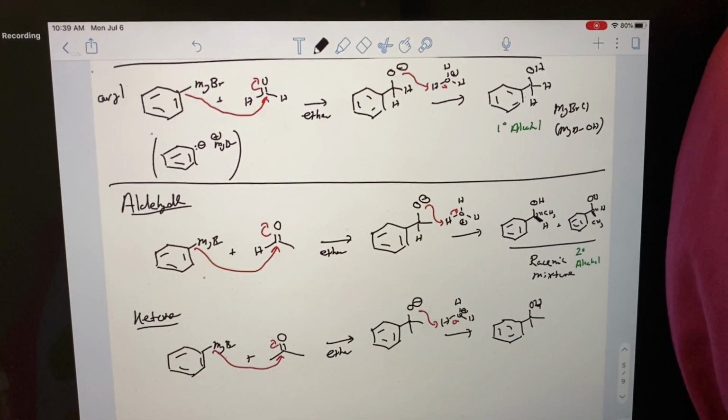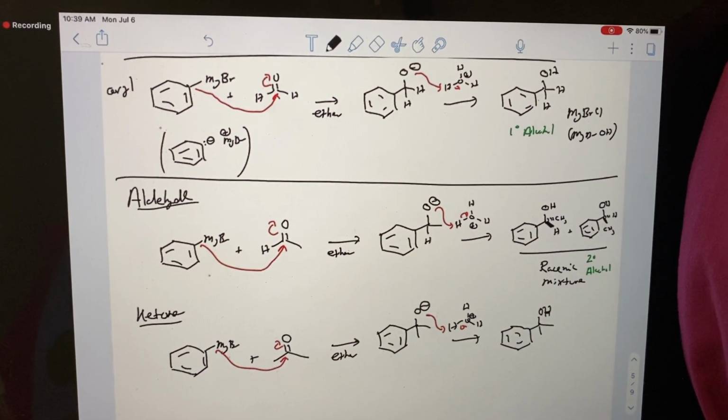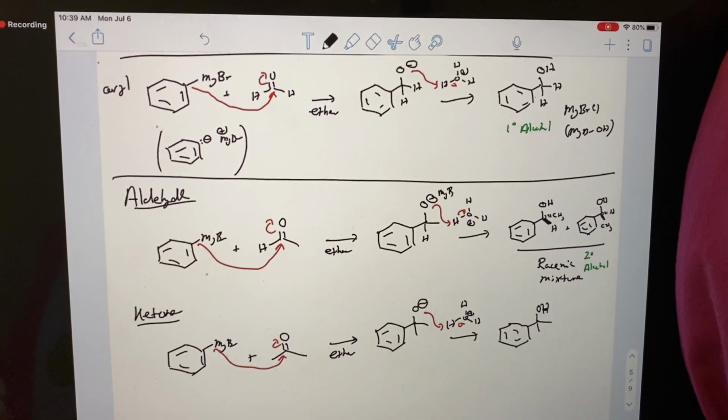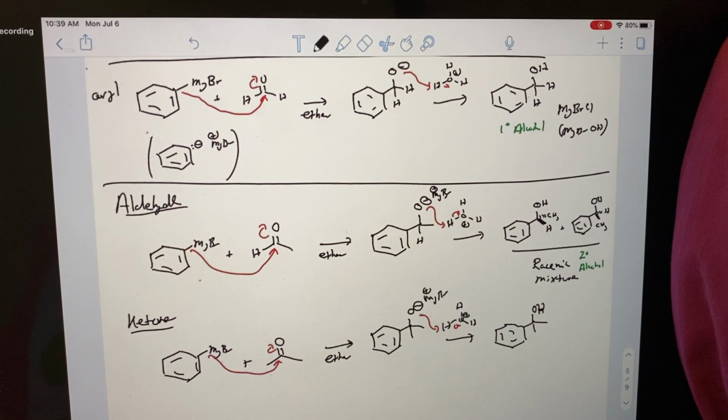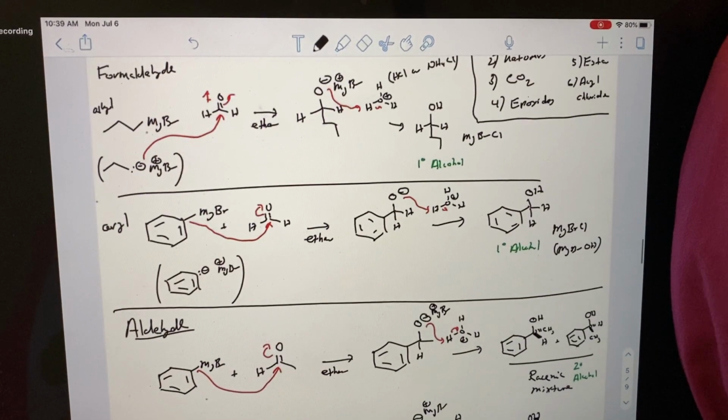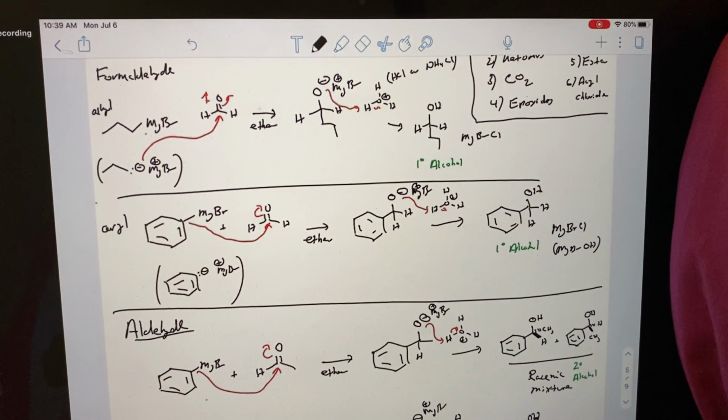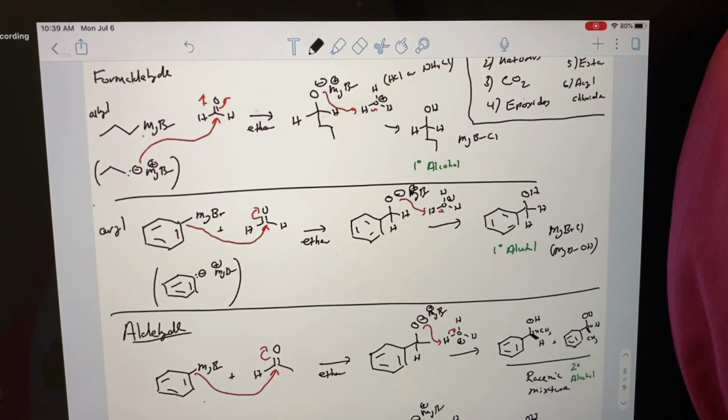Form the species. And I should actually put in the magnesium bromide up here on these. I think I left that off here. Okay, so I'm filling that in, putting in that magnesium bromide.